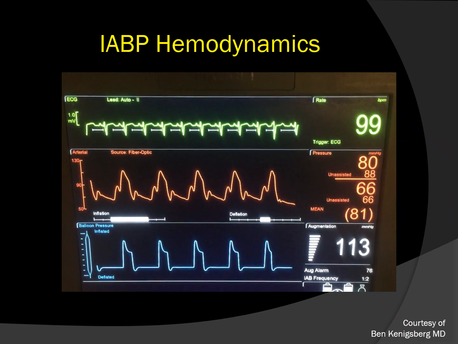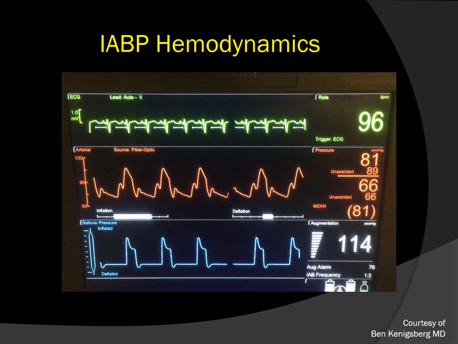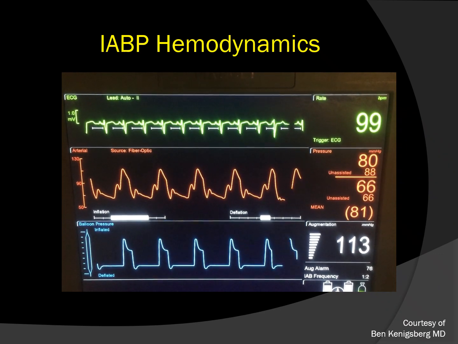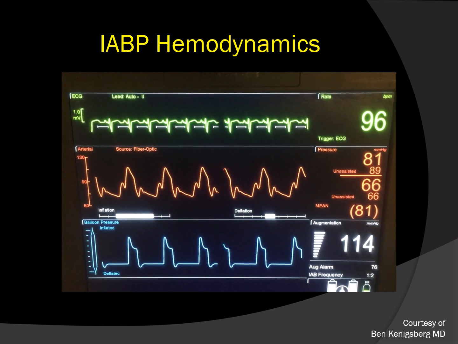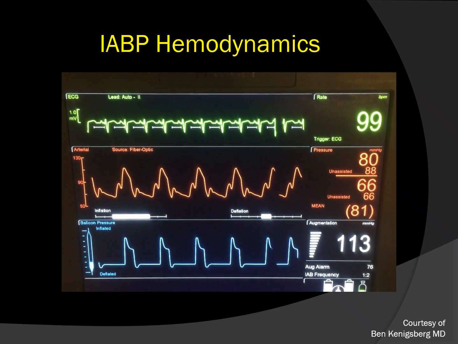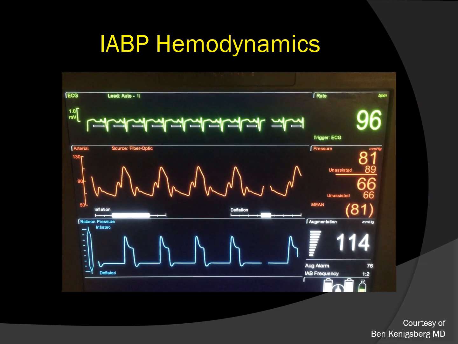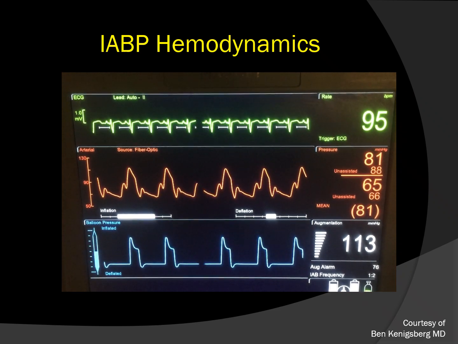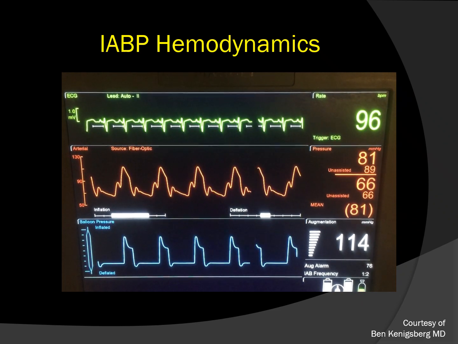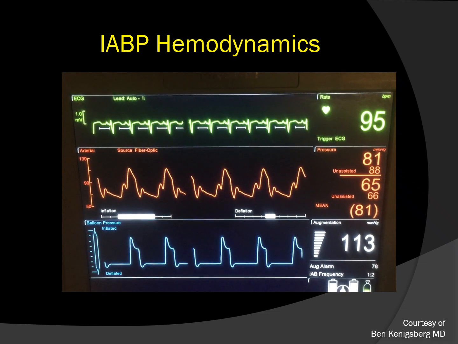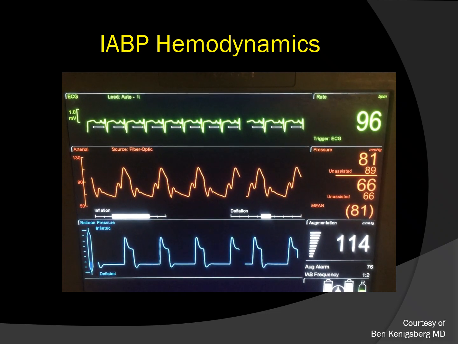On the right side, you can see the mean blood pressure is 81 millimeters of mercury, and the blood pressure is 80 over 66. This does not include the augmented pressure from the balloon pump, which is providing pressure of 114 millimeters of mercury.